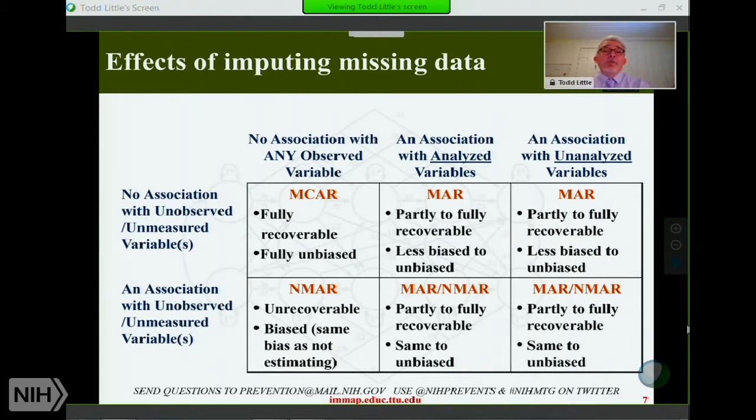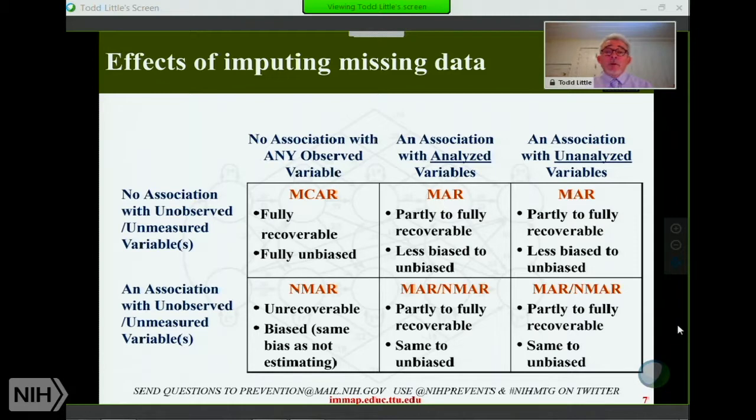The auxiliary variables are there only for the sole purpose of informing the missing data mechanism, so that when you do your analyses, the analysis model will be corrected for the biasing effects that occurred because the data went missing for a reason. Auxiliary variables are not predictors, they're not covariates, they simply are saturated correlates. They dangle in the model to inform the model's parameters when you fit the analysis model that you're intending to fit.